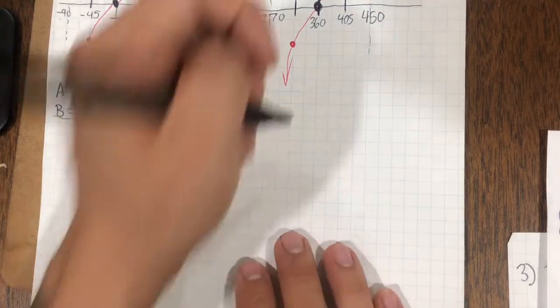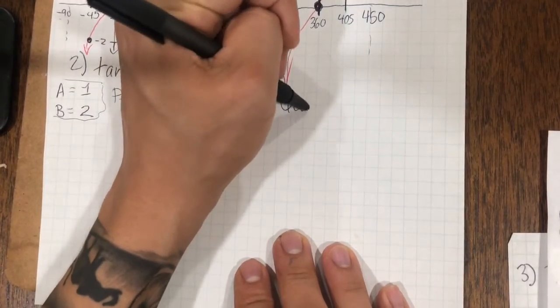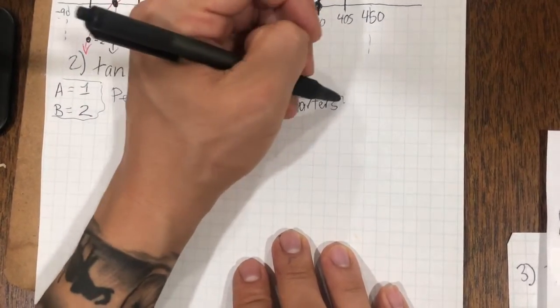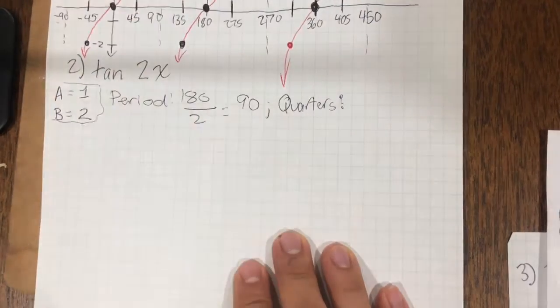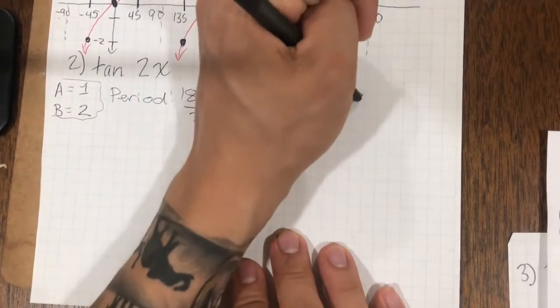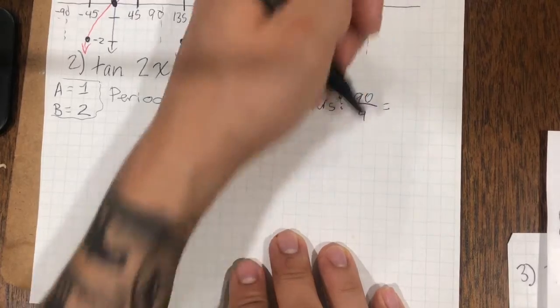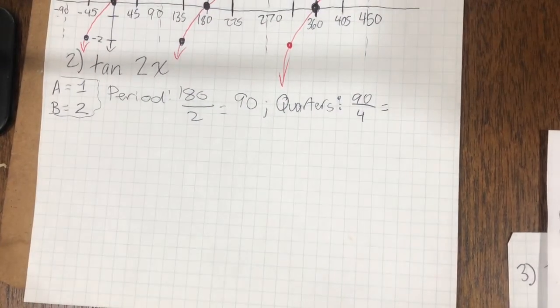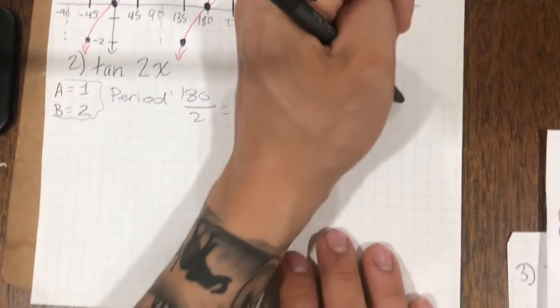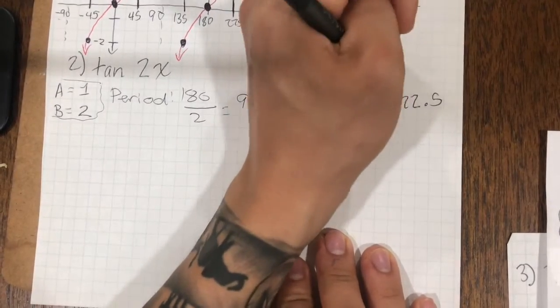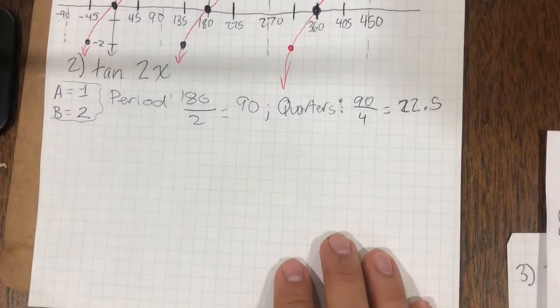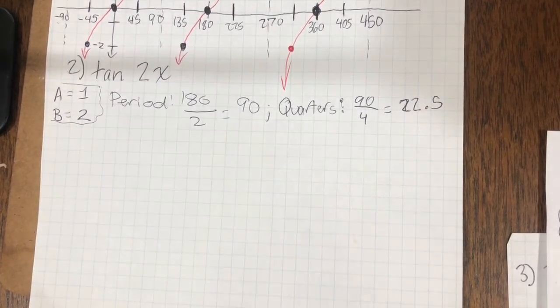All right, but now I wanna figure out the quarters to see how do we go from one x value to the next. So I'm gonna take the 90 divided by 4, and that's gonna give me 22.5 degrees. So that means that for each x value, we're gonna go 22.5 degrees.